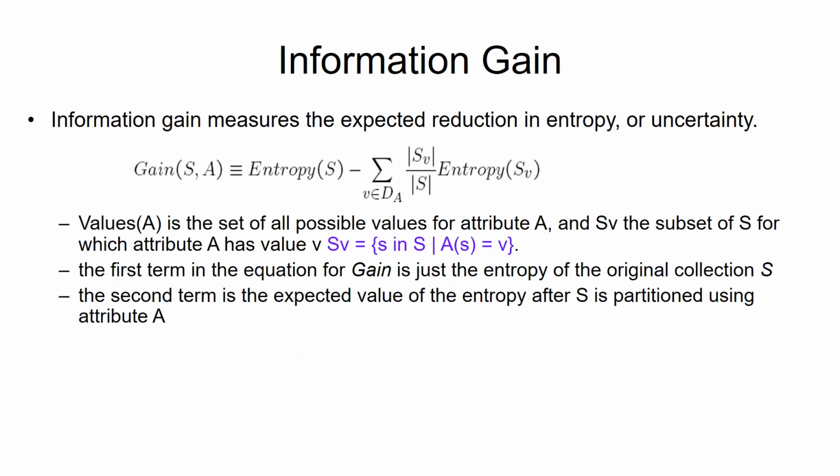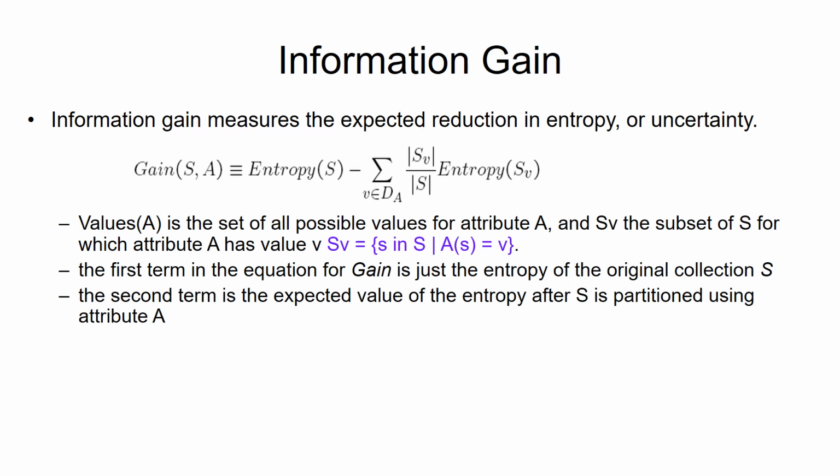And if you know entropy, information gain measures the expected reduction in entropy or uncertainty. So information gain is entropy of S minus the sum of |Sv| over |S| times entropy of Sv, where Sv is the subset of S for which the attribute A has a value v. The first term in the equation for gain is just the entropy of the original collection.